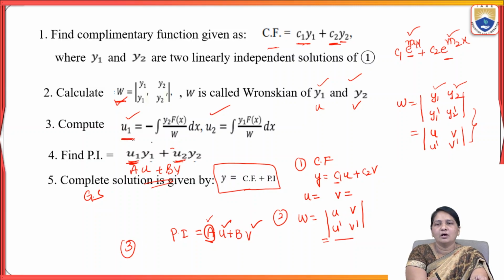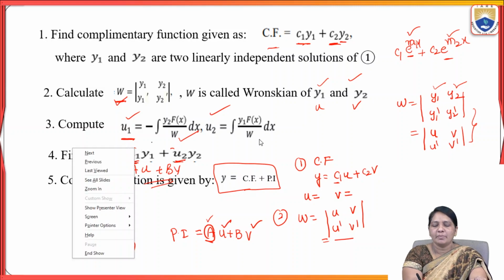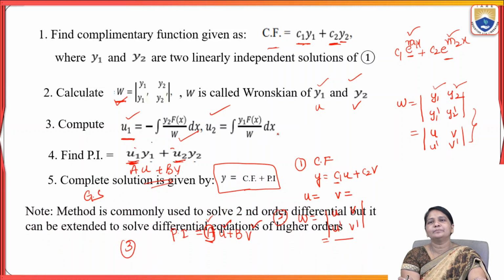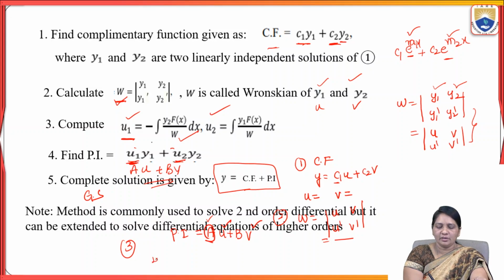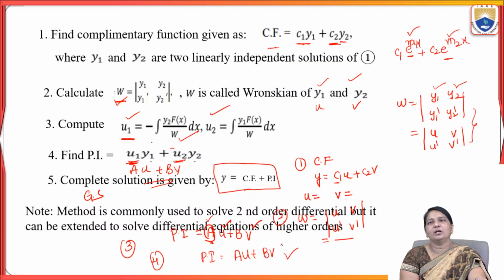A is the u1 here. By using this formula I can calculate the A value, and by using this formula I can calculate the B value. After calculating the A and B values and replacing them here, I get the final value, A into u plus B into v. That is the particular integral. After finding the particular integral, I can add it to the complementary function to get the complete solution.